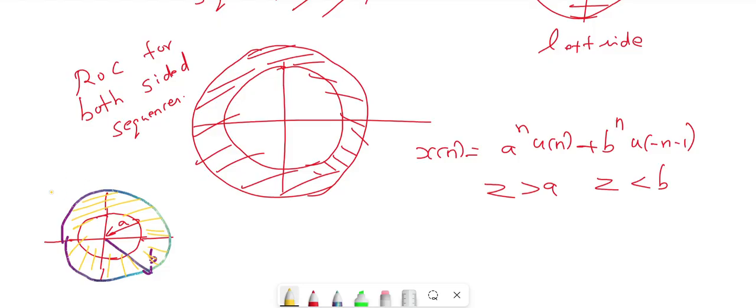In case b is greater than a, this is the ROC. If b is less than a, then it will be like this.